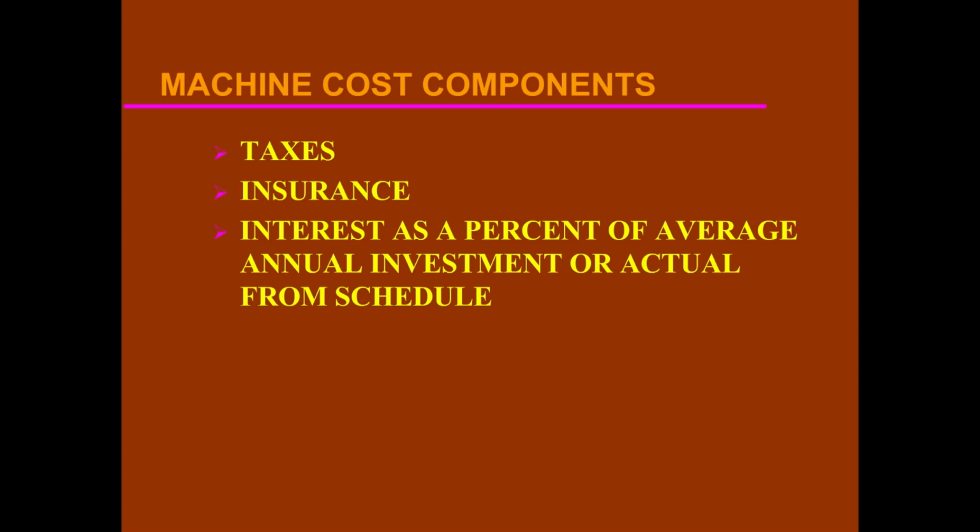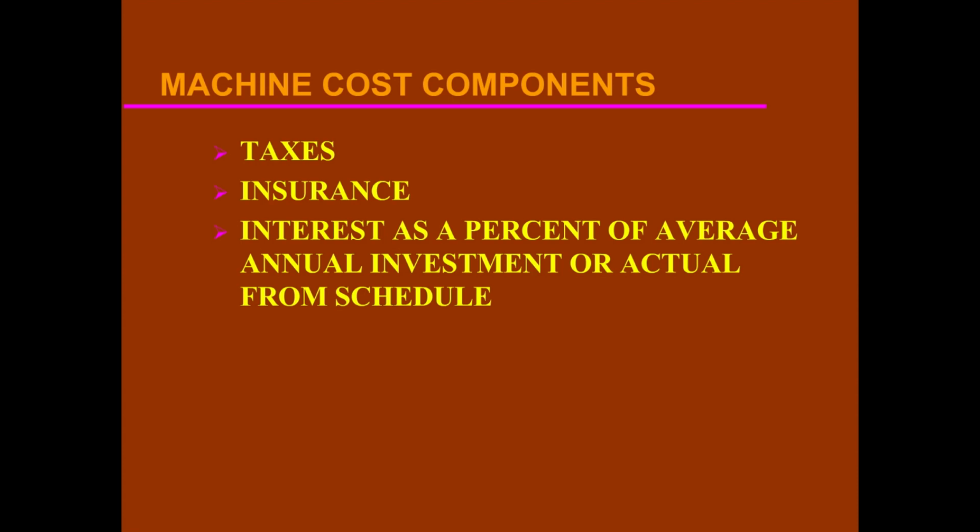Taxes, insurance, and we treat the interest as a percent of the average annual investment. Now, I should say something about average annual investment. When you buy a house, you look at your house payments and you find out for the first 10 years, all you're doing is paying interest. Then the next half of the time period, the interest goes down a whole bunch, and you're paying off principal.